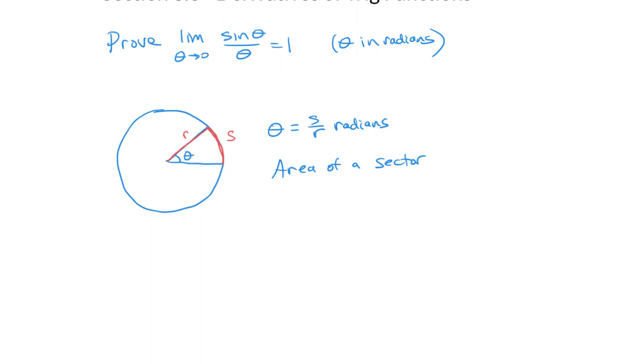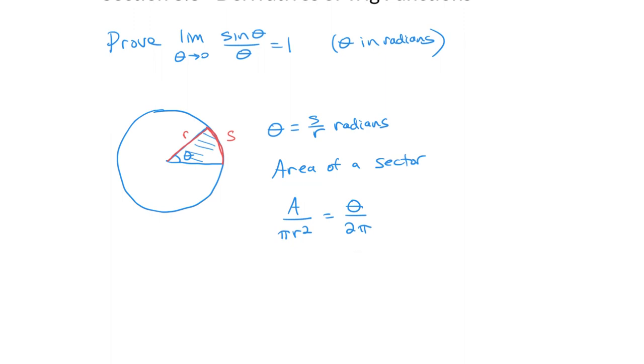Well, the area of this shaded region would compare to the area of the entire circle, which is pi r squared, right? The area of a circle is pi r squared. That would compare in the same way that theta would compare to 2 pi, right?